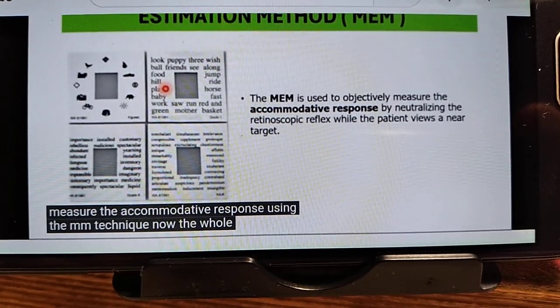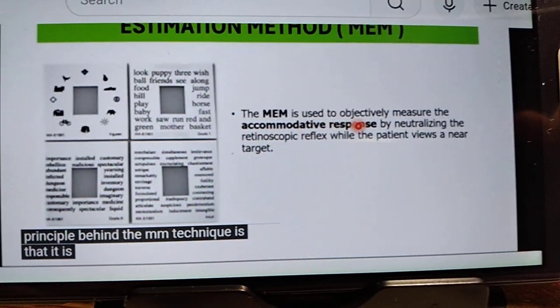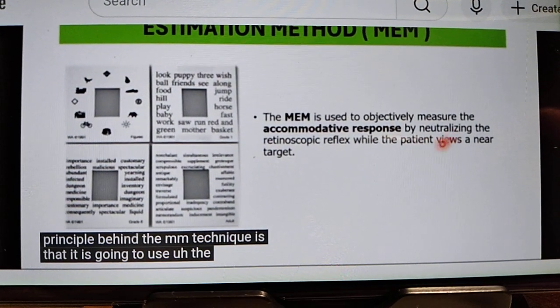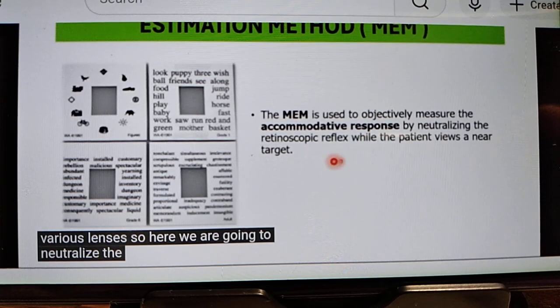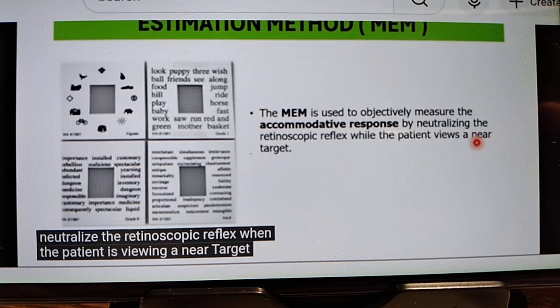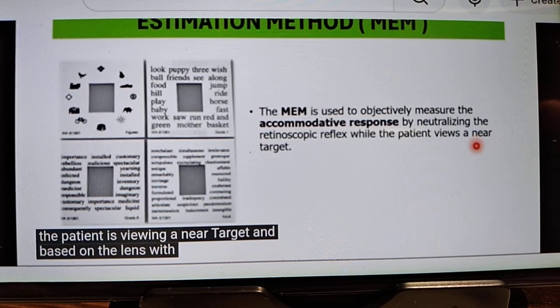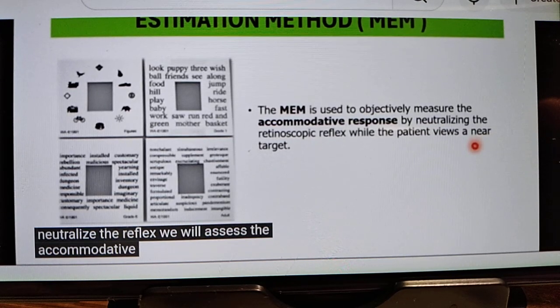Now, the main principle behind the MEM technique is that it is going to use various lenses. So here we are going to neutralize the retinoscopic reflex when the patient is viewing a near target, and based on the lens with which we neutralize the reflex, we will assess the accommodative response.